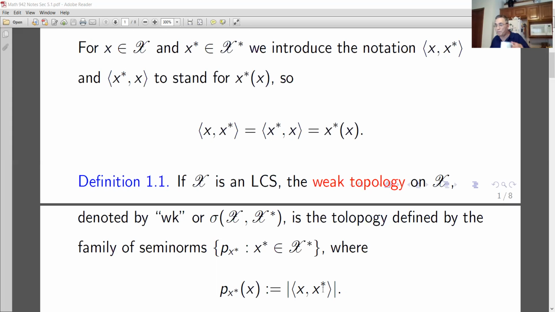So this is the definition of weak topology.